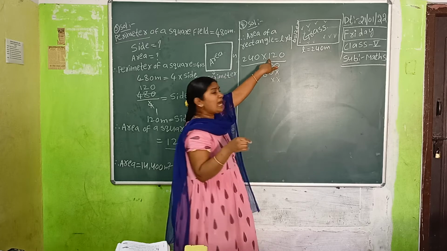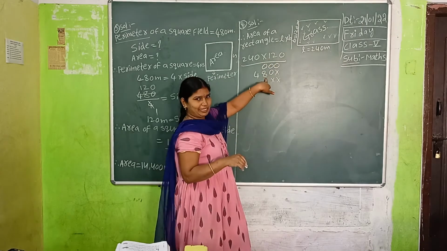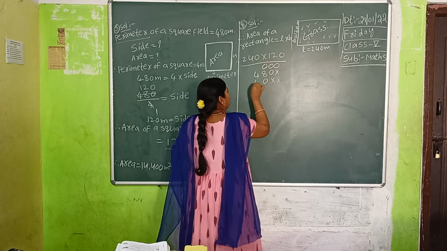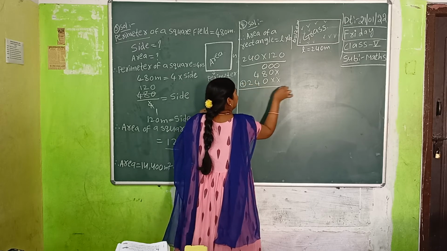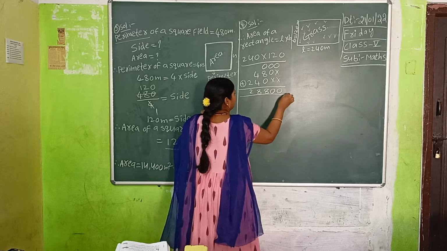Now we are doing hundreds place multiplication. Answer starts in the hundreds place only. Okay, 1 into 0, 0. 1 into 4, 4. 1 into 2, 2. Do the addition: 0, 0, 8, 8, 2.